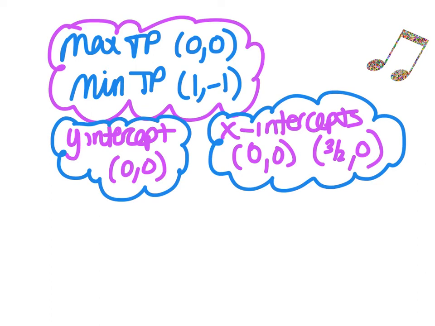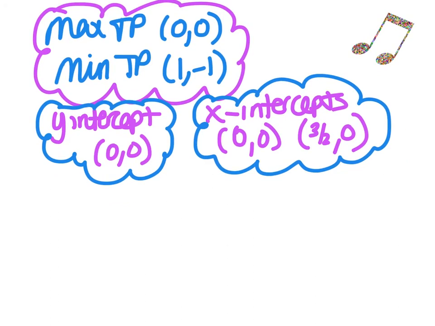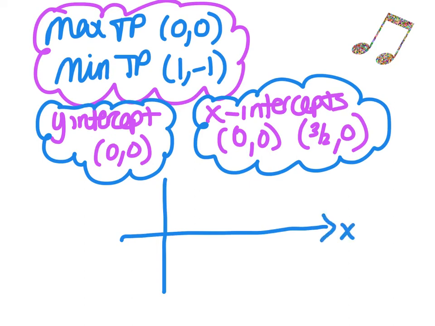I'm also just bringing back the x and y intercepts here so that I've got all the information together when I start to sketch my graph. So I'm just going to draw some axes in here. Obviously you'll be using a ruler when you do it. And I'm going to start to put on the information, starting with the turning points.